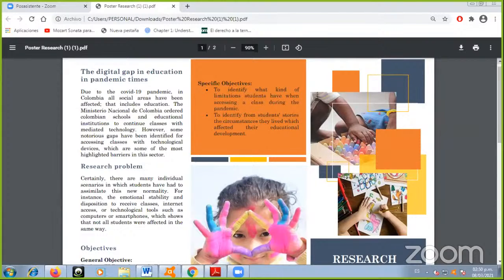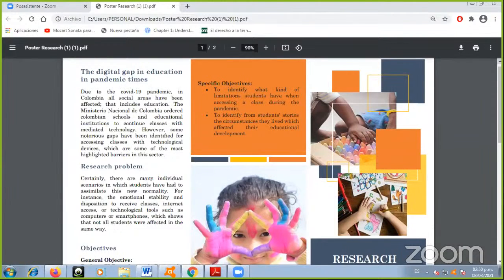Okay, good afternoon, everybody. We are group number 5. As Daira said before, we are Monica Juliana Durango, Erika Garcia Narvaez, and Daira Alexandra Muñoz. And today we designed this poster in order to present you in a brief way a little about our research problem.